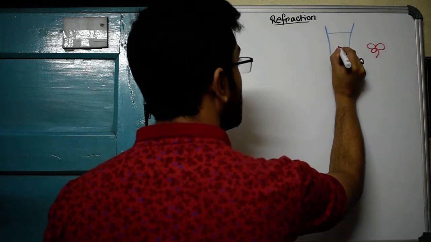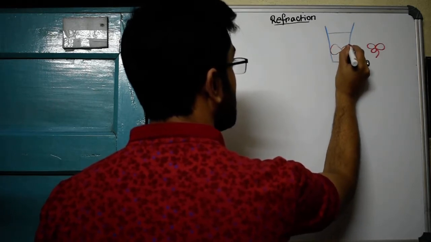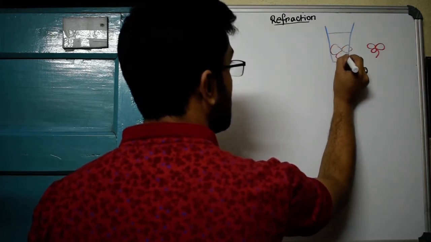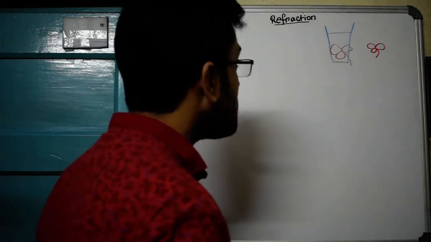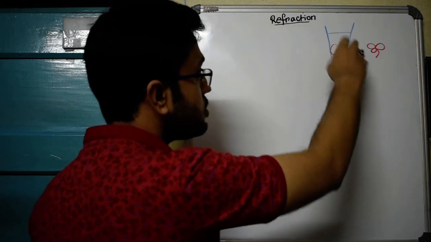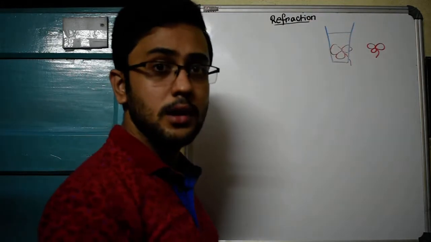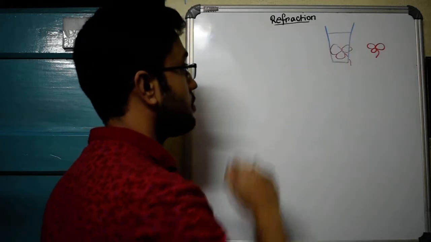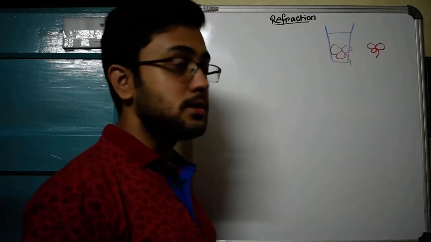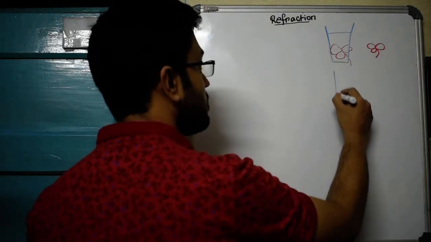I assume you might have observed that the flower might appear a bit bigger in size, and the portions of the flower which you view through air won't be proportionate in size with the portion that you see through the glass of water. To make things simple, you can try this out.